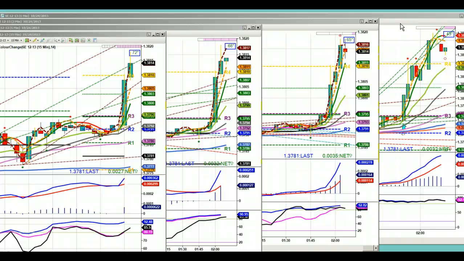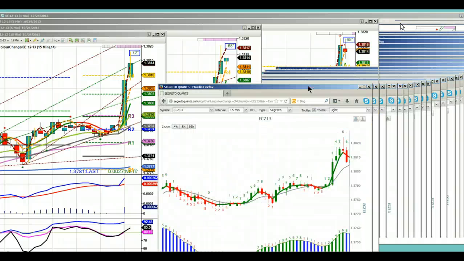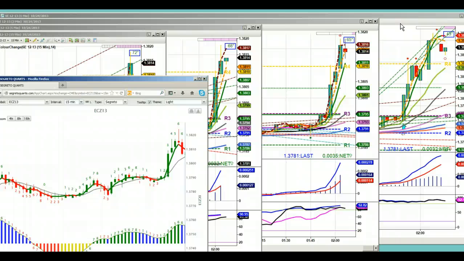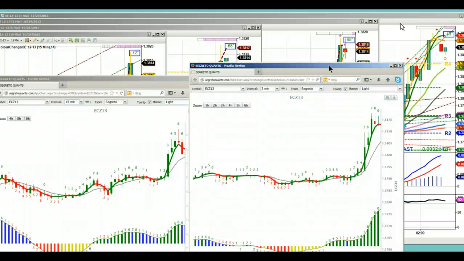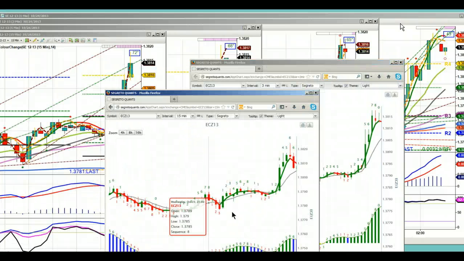Now you can do the same thing with Segredo. If you look here, you can do the same thing with Segredo. Here's my 3-minute chart and my 50-minute chart. I tried to get the 1-minute chart, but it wouldn't go back to 1 o'clock in the morning, and it goes back to 2 o'clock. So I'll just use the 3-minute chart.